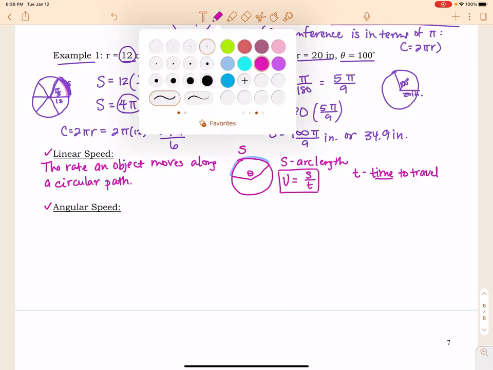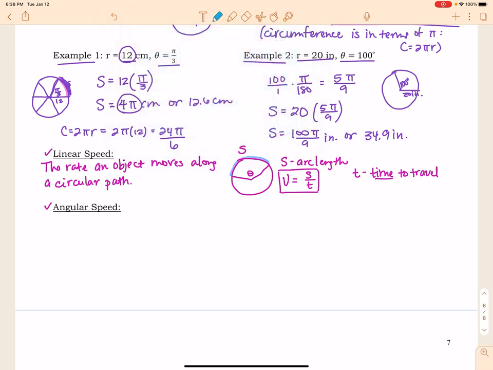So now let's look at angular speed. Angular speed is a little different. Angular speed is actually the rate an object rotates about a fixed point.